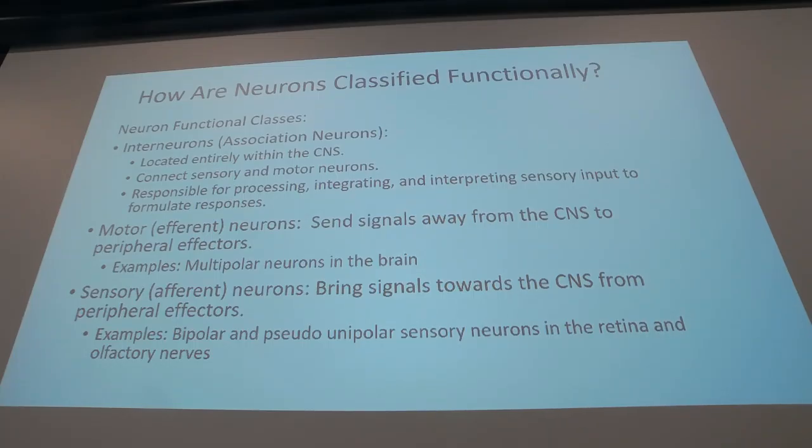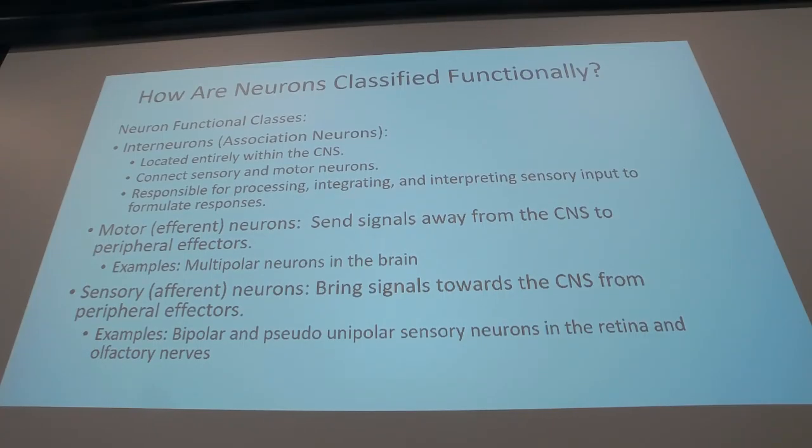Now the classification based on function. If your neurons connect two different neurons or bridge information between them, we call them interneurons or association neurons. These are typically structurally bipolar, and they are located only within the CNS, connecting motor and sensory neurons.